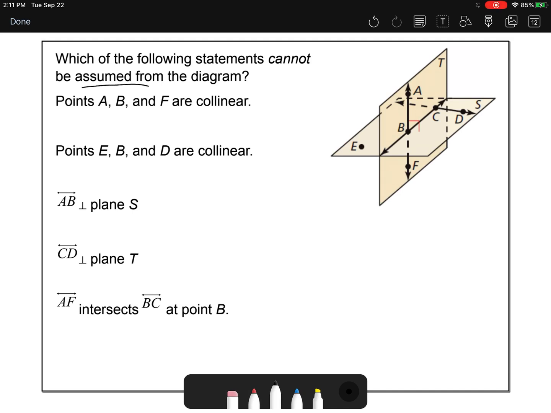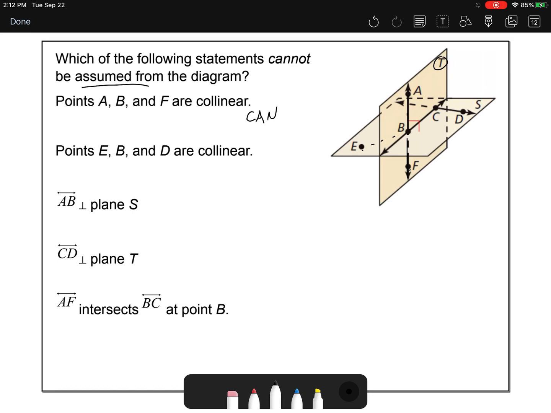Okay, which of the following statements cannot be assumed from the diagram? This is where you have to be very, very careful. You can't assume too much. So which one of these things cannot be assumed from our picture? I'll let you think about it for a second. Can you assume that A, B, and F are collinear? I believe we can, because there's a line through them and they're all on plane T. So this can be assumed.